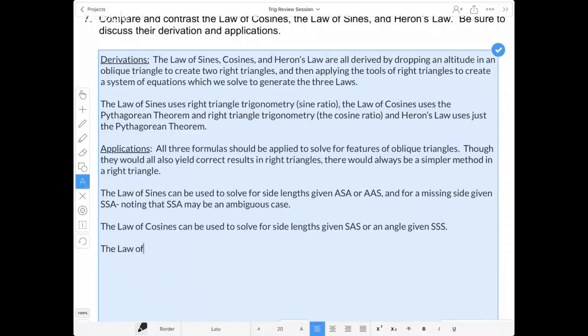Heron's law can be used to find area given side, side, side.